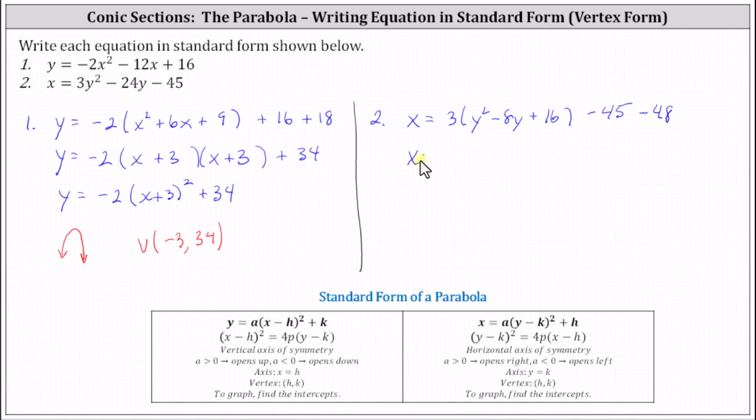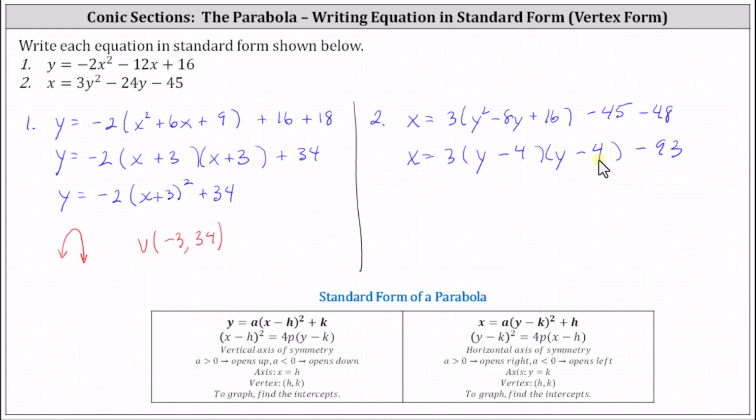We have x equals 3, and then to factor the trinomial we'll have two binomial factors. And negative 45 minus 48 is negative 93, giving us minus 93. And then factoring y squared minus 8y plus 16, we have y's in the first positions. And now we want the factors of 16 to add to negative 8, which are negative 4 and negative 4.